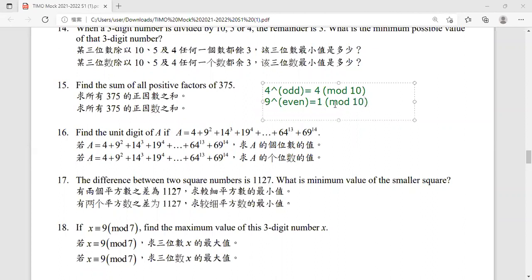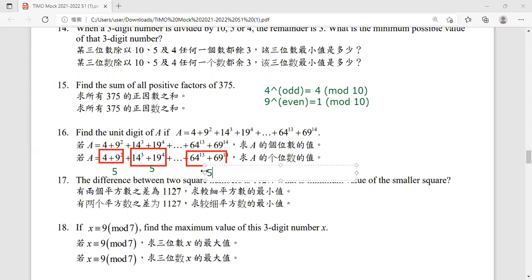So you add them all up. For this one we'll have an ending of 5 here. This is 5, this is another 5. All of them pair up, so you can get all 5's here. How many pairs of 5 here?